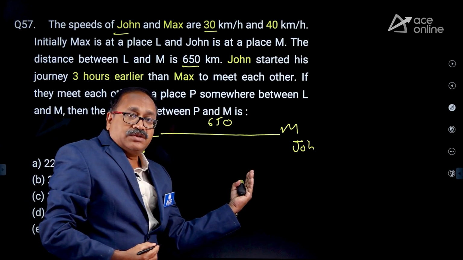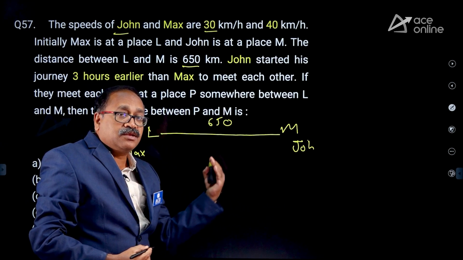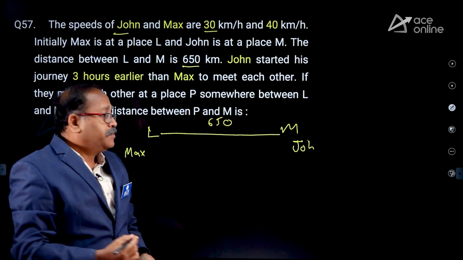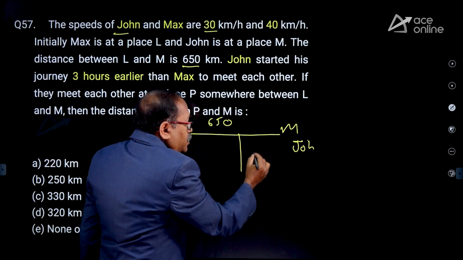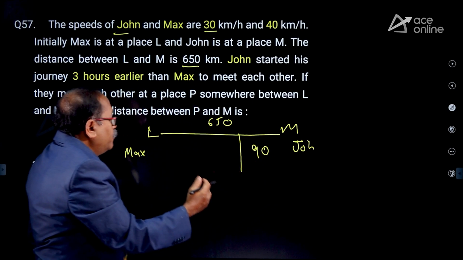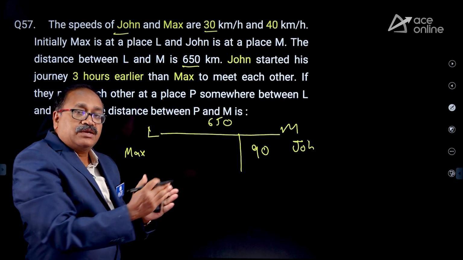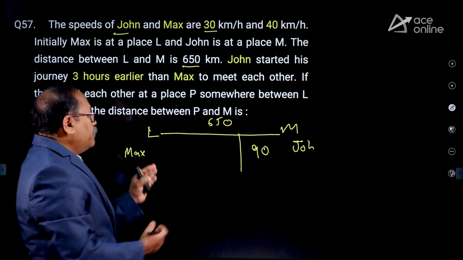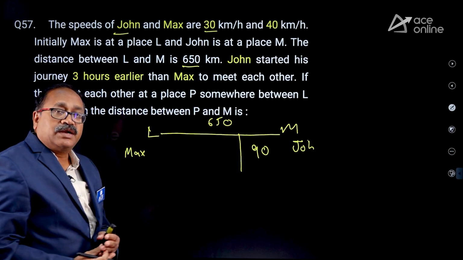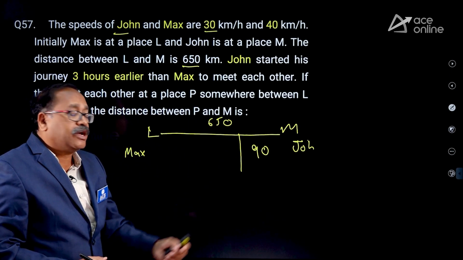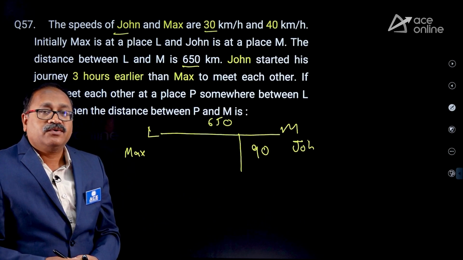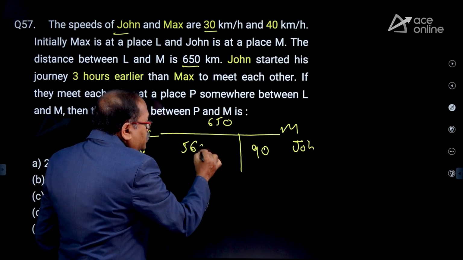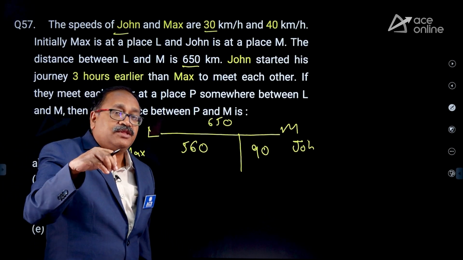Because he started 3 hours early, in 3 hours he will cover 30 into 3, that's 90 km. So, John must have covered 90 km when Max started from L. So, what will be the distance left between Max and John when Max started? Total distance 650 minus 90, which comes to 560. So this distance is 560, which they will cover with relative speed.